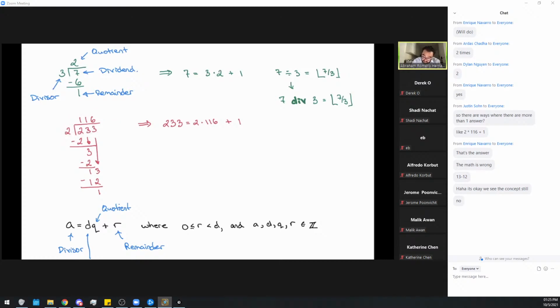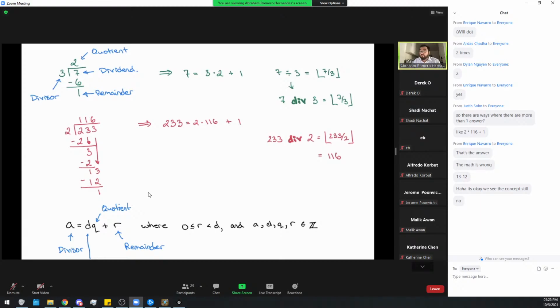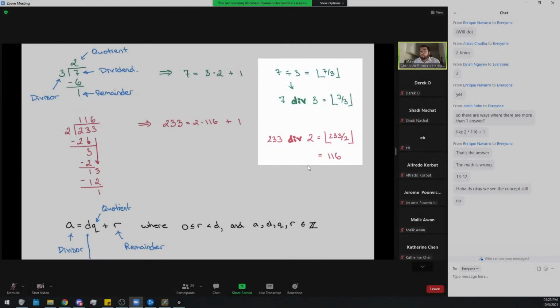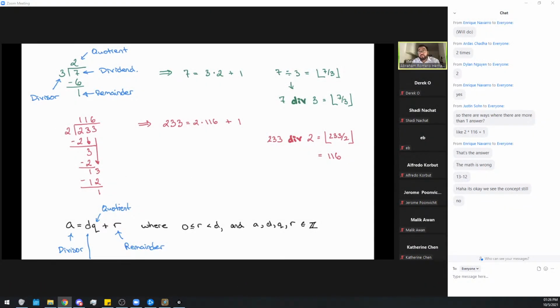If I do 233 div, which means we are only interested in the quotient, by 2, we want the floor function of 233 divided by 2, which is just 116. All right. If we would just want to denote, again, just the quotient. Any questions on this?